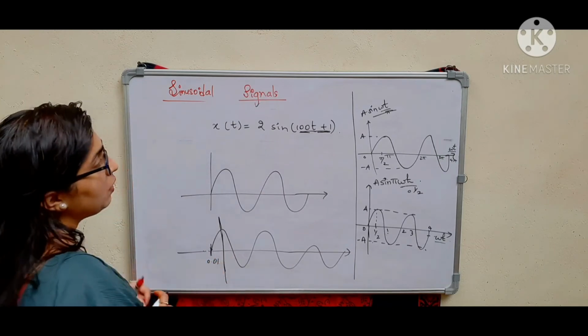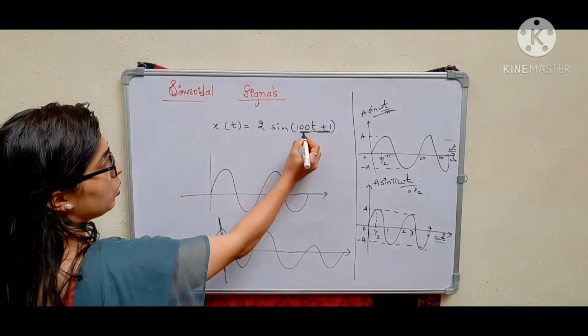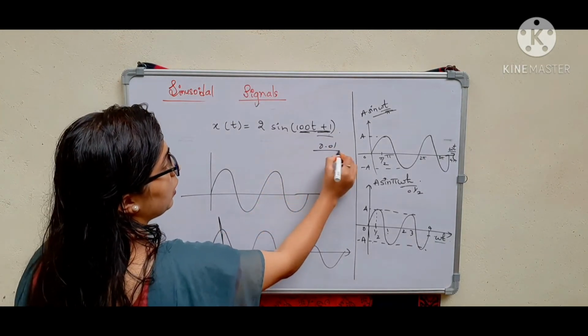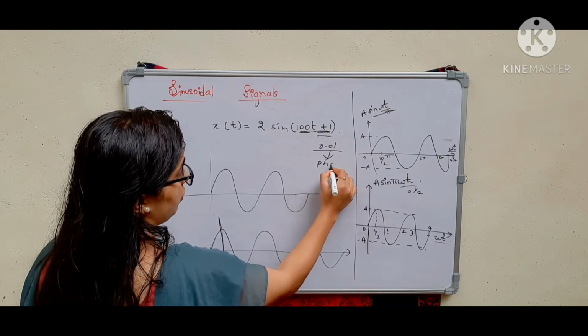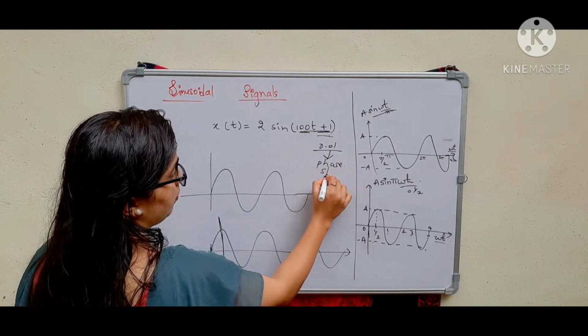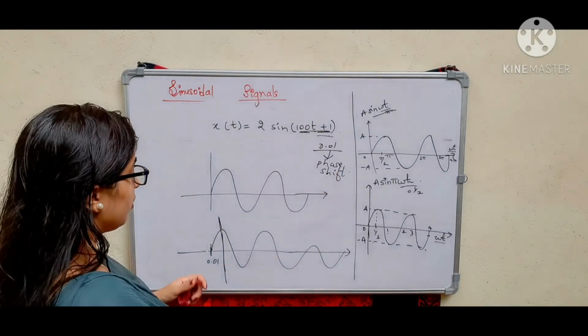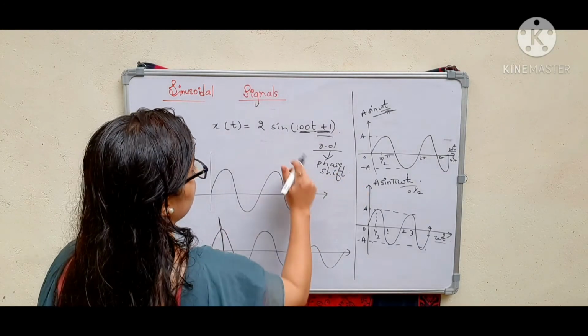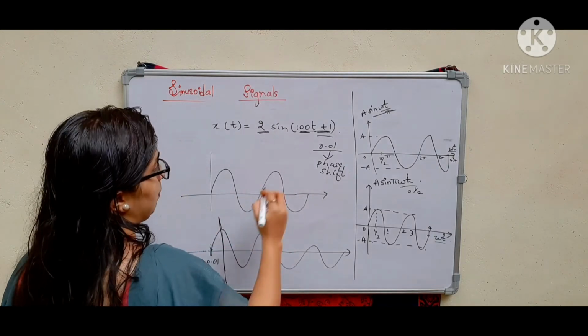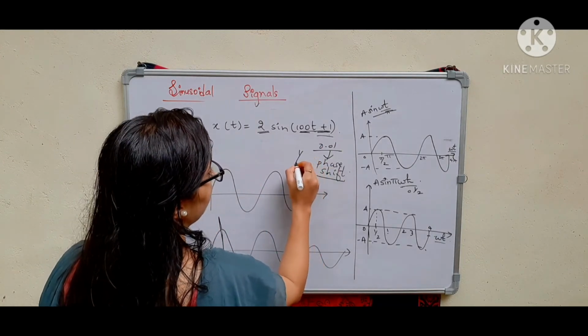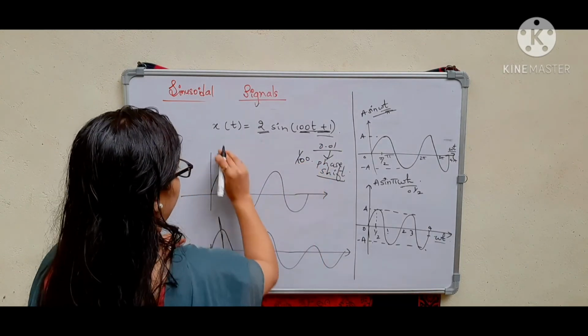Now you will have 0.01. So 0.01 will be your phase shift. Then 2 will be your amplitude, 1 by 100 will be your phase shift.